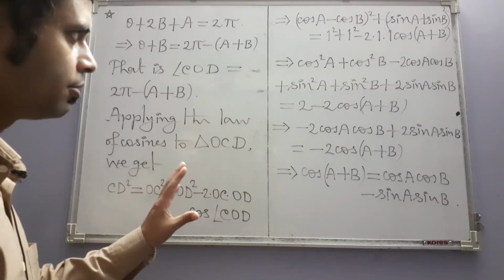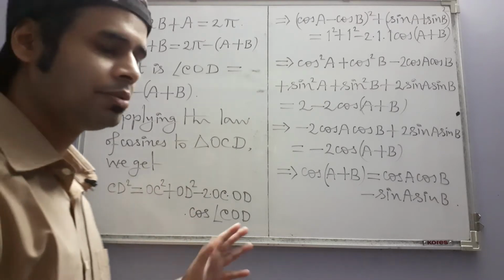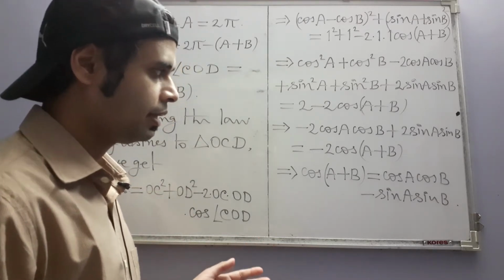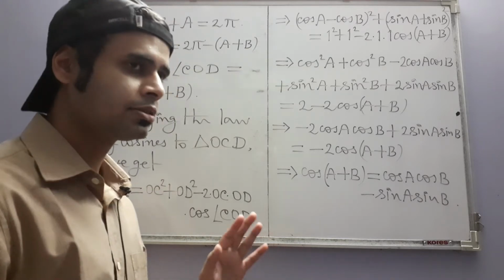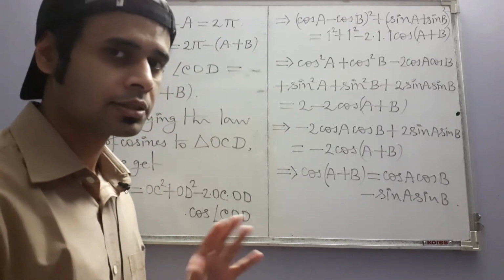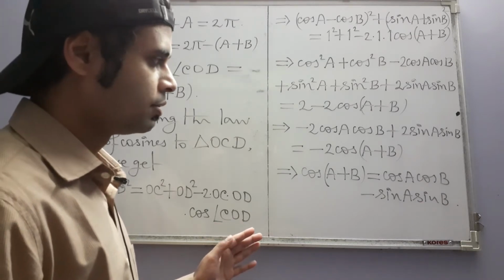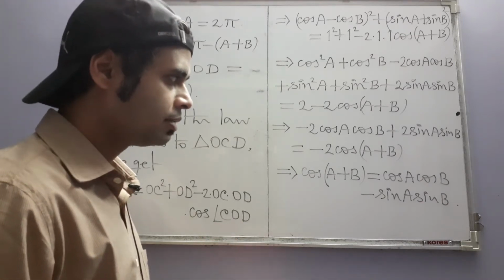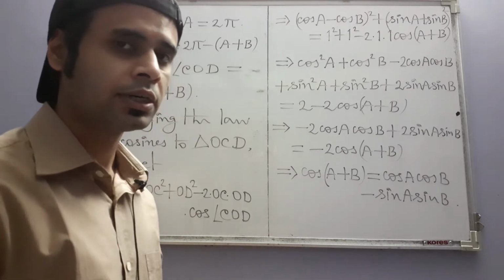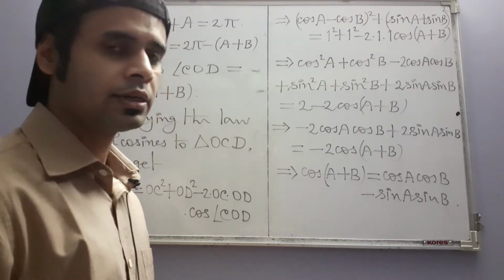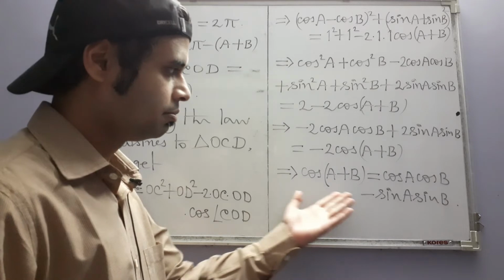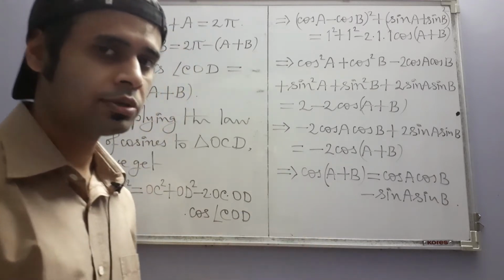So I urge you to look at the other cases also. There may be many cases depending on what A and B actually are, in the sense of what their signs are relative to each other. Also depending on what their magnitudes are, in which quadrant they lie, how that affects the relative position of the two terminal rays.